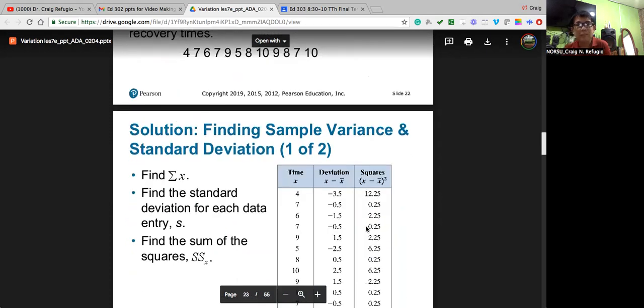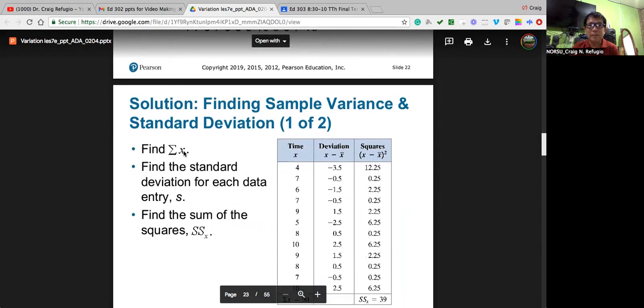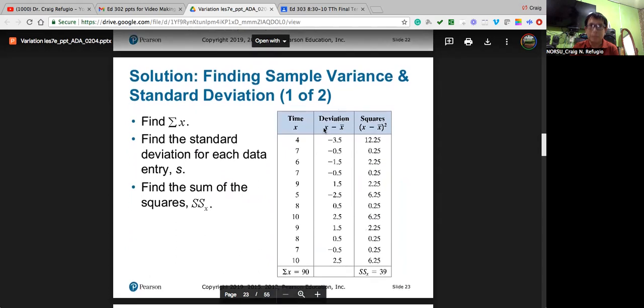So for the solution, we have a table in terms of x, the deviation, and the squares of the values of the second column. We find the summation of x, find the deviation for each data entry, then find the sum of the squares. Look at this table.